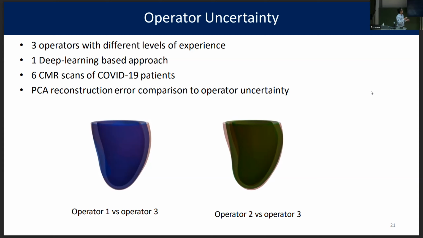We also compared the PCA reconstruction errors to the operator uncertainty. You'll see the figures showing the geometry reconstructed by the three operators. The difference is quite obvious. That means there will be operator uncertainty in our model, and we need to quantify how that uncertainty affects our model prediction. That's the purpose.